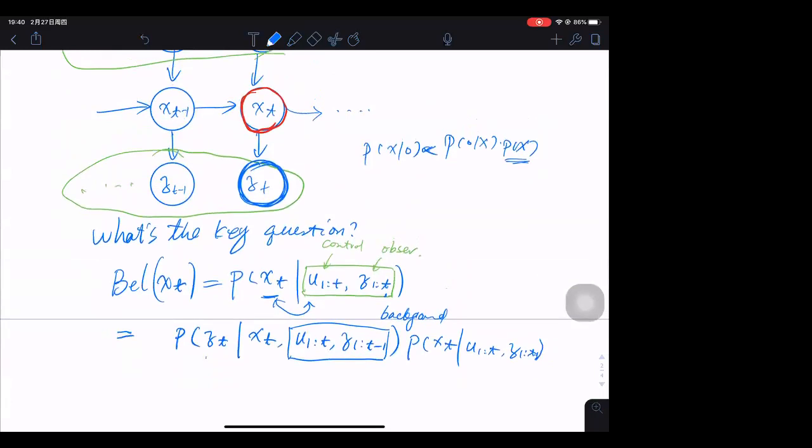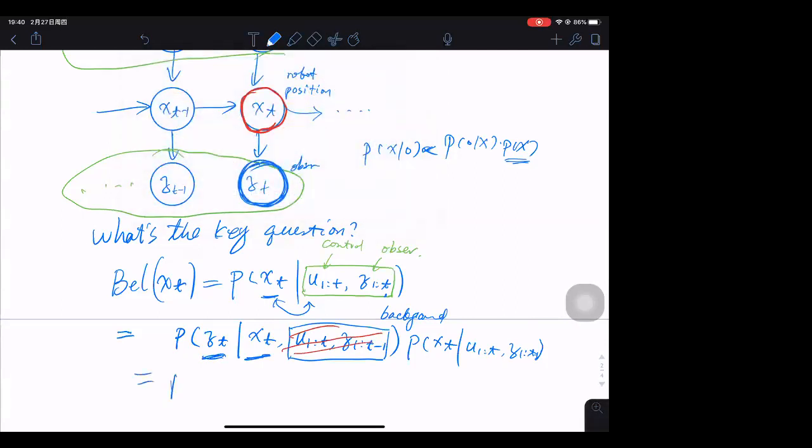And then if this is the case, we have the Markov assumption, right? So p of zt given xt, that means knowing the robot position, or the state, what you observe given the state, then the rest can be taken out.